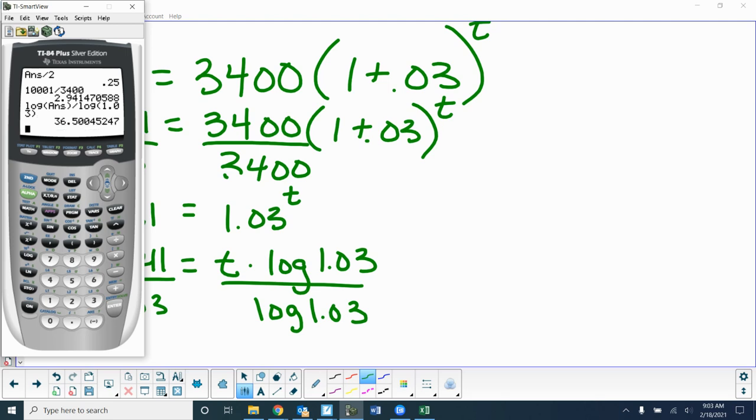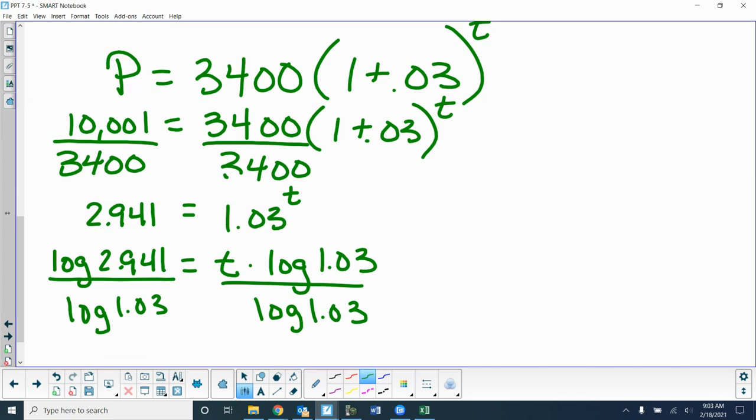36 and a half, so how many years? Yeah, 37. Okay. You should be able to solve that now, just like we did right there. T equals 36.5. All right, that was number 8. Number 9 was 1/8.